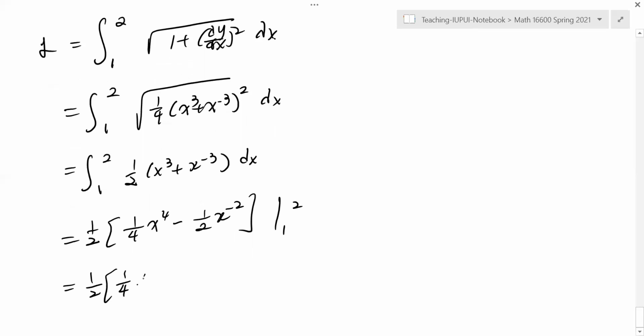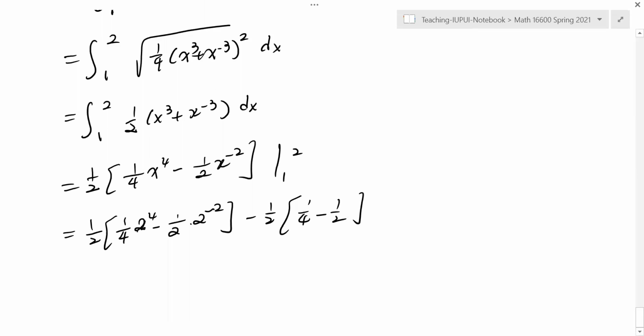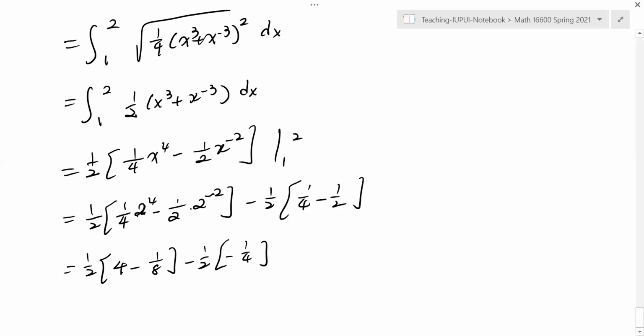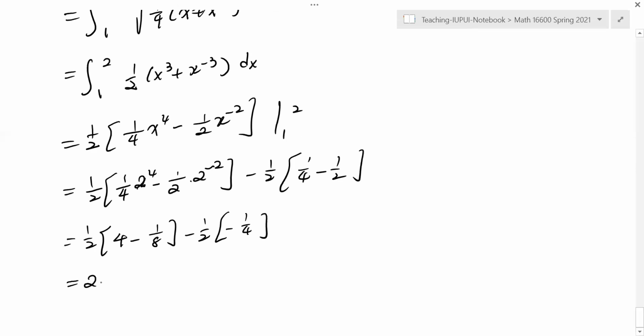The first one is 2 to the 4th power, and then 1/2, 1/4 minus 1/2. Okay, let's simplify a little bit to see if it is a large number. All right, that's a 4 and 1 over 8 minus negative 1/4. Okay, so let's continue. 2 minus 1 over 16 plus 1 over 8.